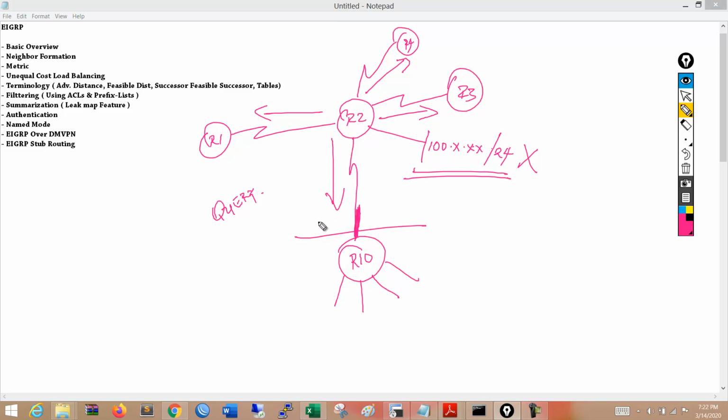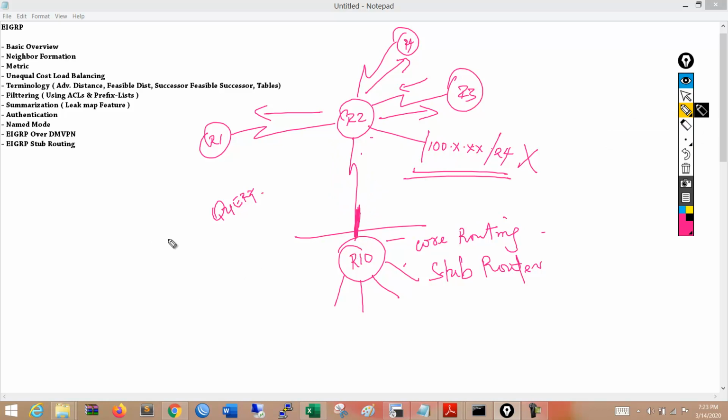It must wait till it gets the query replies from every router. But the funny thing is that router 10 here is not involved in the core routing. It only uses router 2 to exit. So to reduce the scope of query propagation, you can configure this router 10 to become a stub router. And when it becomes an EIGRP stub router and router 2 loses a network, it is not going to send this query down. This query will not be sent to router 10 because router 2 knows well that this is just a dead end.